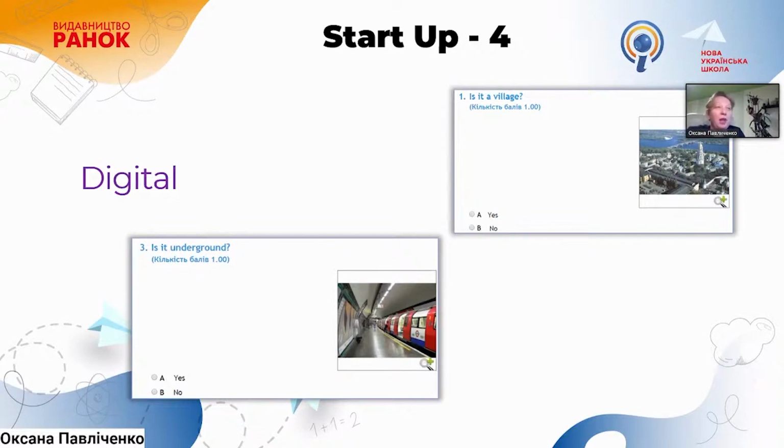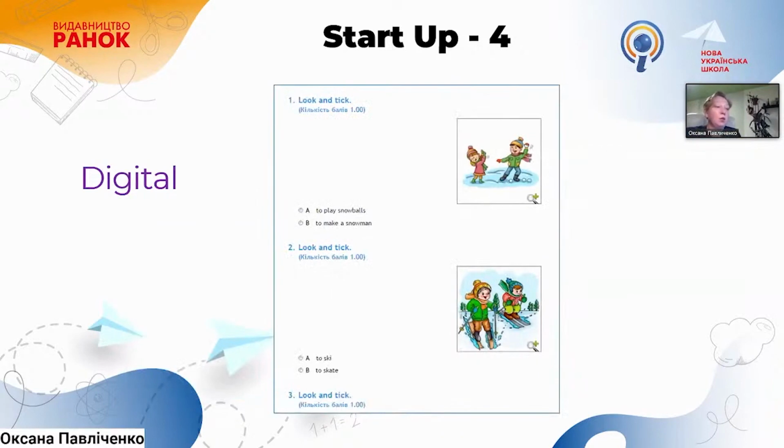These tasks have been developed for every lesson of our textbook, and your kids can enter the website and do these exercises, see the result which the platform will give them, and make sure about their knowledge on every lesson, and at the end of the unit have a test. I think it's also a very good idea. Well, this is one more example of interactive tasks which are on the website.